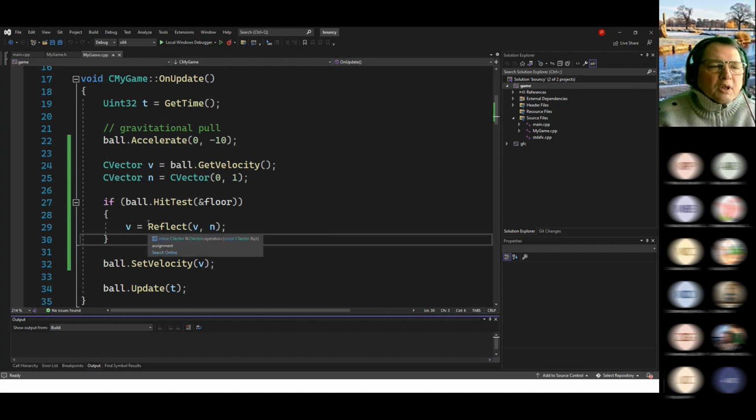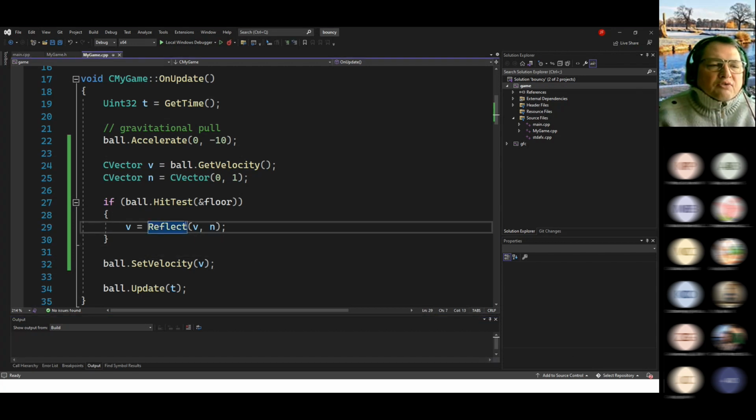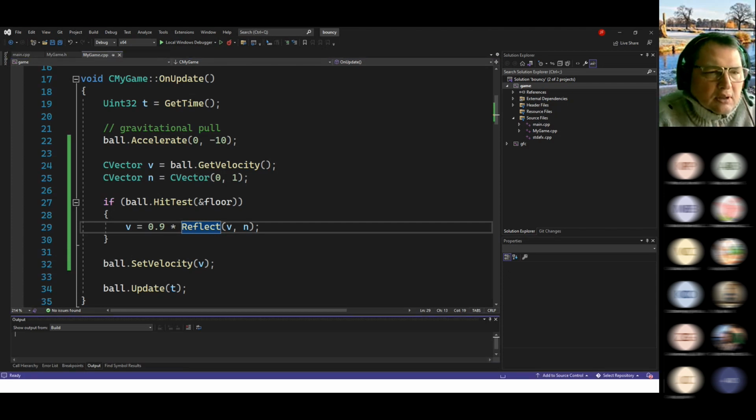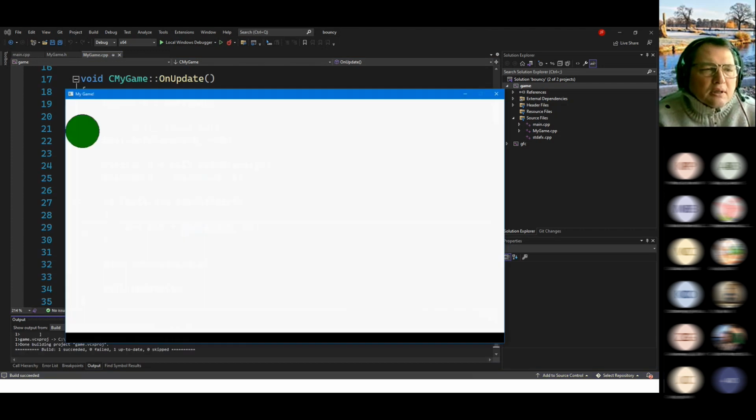So what we can do: the value of reflect function is a vector, the final velocity after reflection. If I just multiply it by some number, 0.9 for example, multiplying a vector by a number is so-called scaling. Multiplying this vector by a number slightly smaller than 1 will make this vector a little bit smaller, so it won't change its direction, it will change its speed a little bit. Let's give it a try.